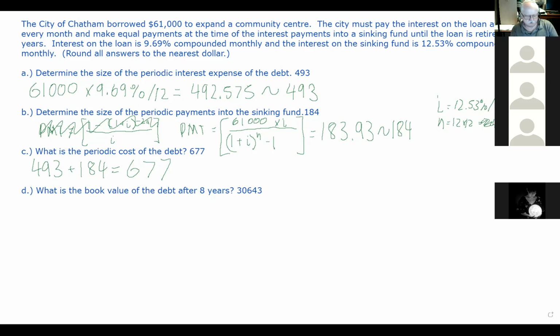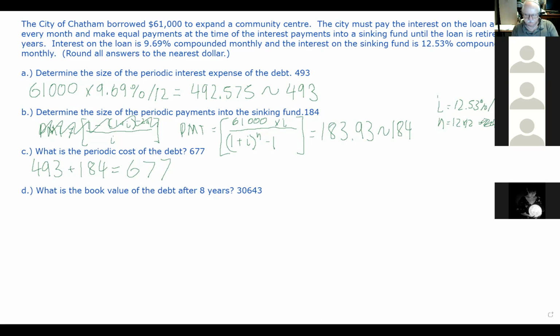And you got a balance of 30145. Yes, sir. I deducted from 61,000. Oh yeah, the book value, we've got to take it away from 61,000.